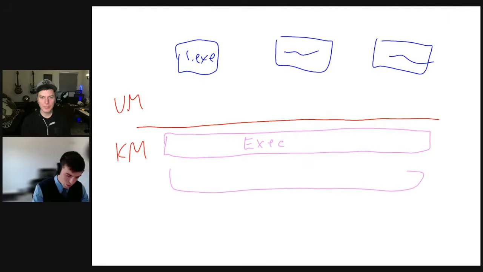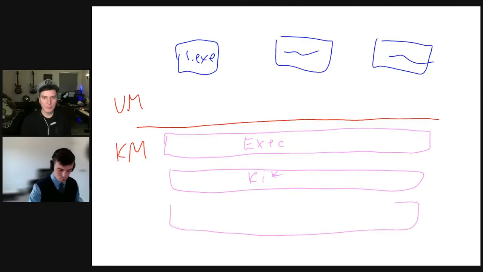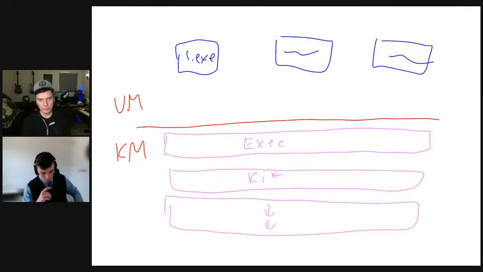So you have your kernel mode routines, like your system call handlers, all that stuff. Memory manager, all that fun stuff. And then it just keeps going down and down and down, right? So this is the traditional user mode, kernel mode Windows architecture, pre-2015 or thereabouts.